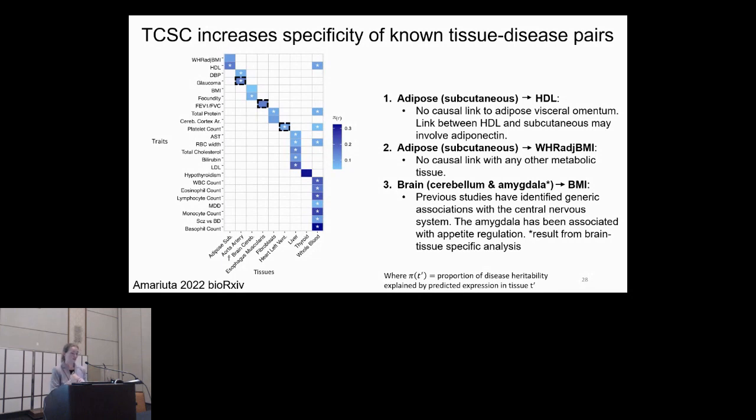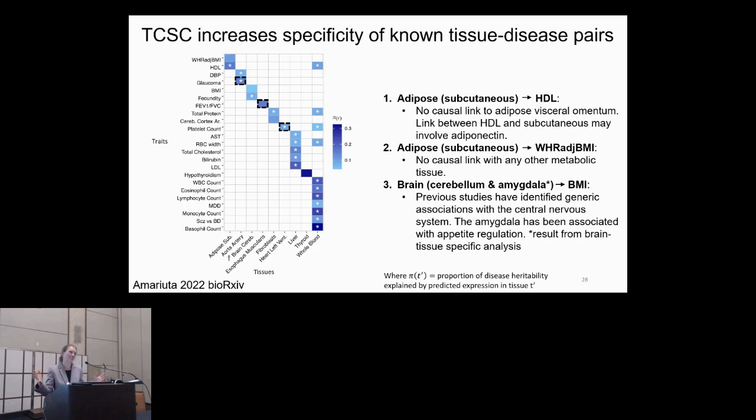Finally, for brain tissue, so we know that the central nervous system is highly involved in BMI. Our method picked out that cerebellum is the most likely causal tissue, which seems a bit strange because the cerebellum is associated with motor function. However, in a brain-specific analysis that we did, where instead of a joint model across all of the GTEx tissues, we only did a joint model across the brain tissues, just in hopes of getting more signal out of the residual co-regulation.